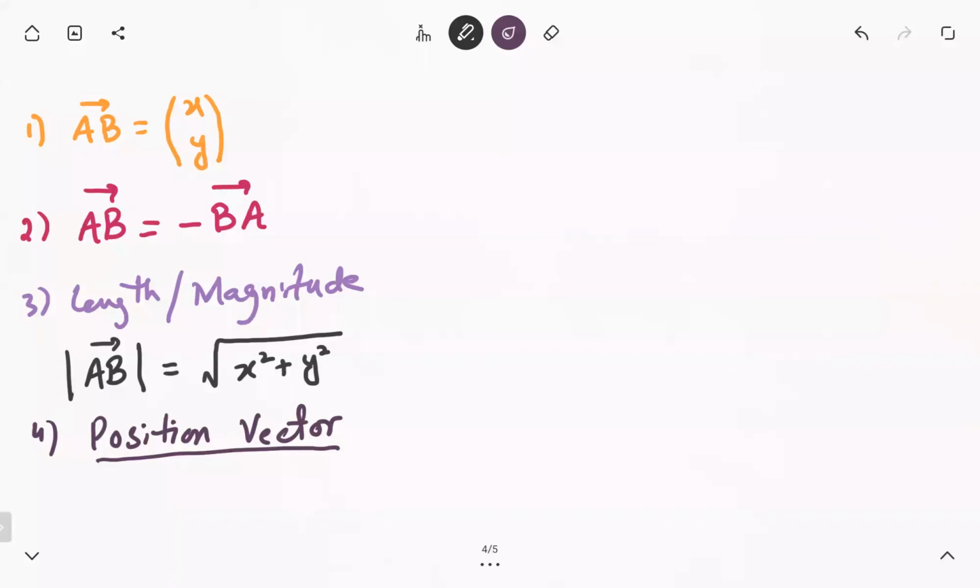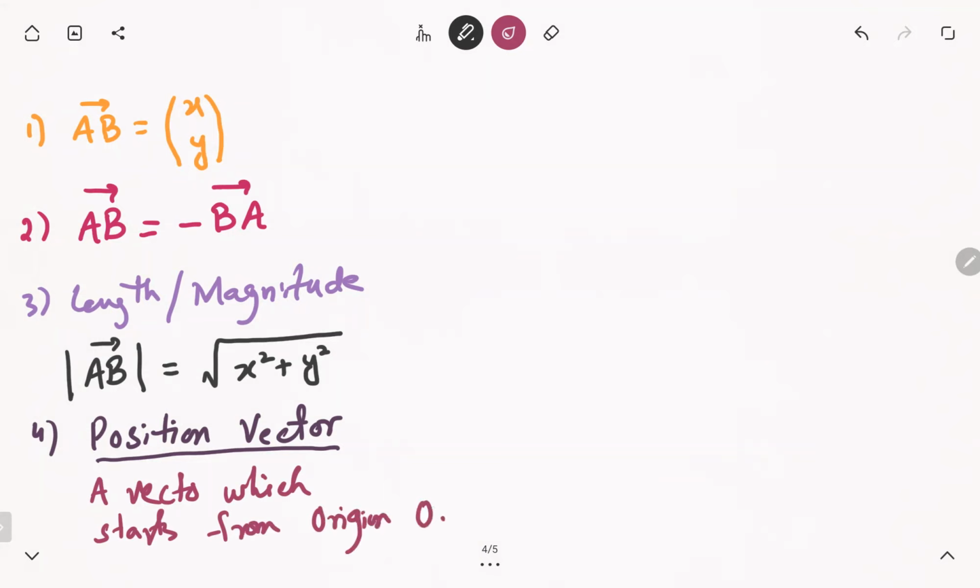PQ is a vector which starts from P and ends at Q. So the special thing about the position vector is that it is a vector which always starts from the origin O. Any vector which starts from origin, meaning O, is called a position vector.